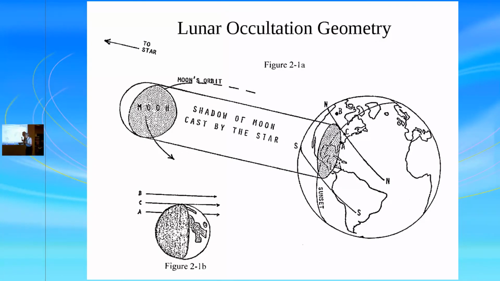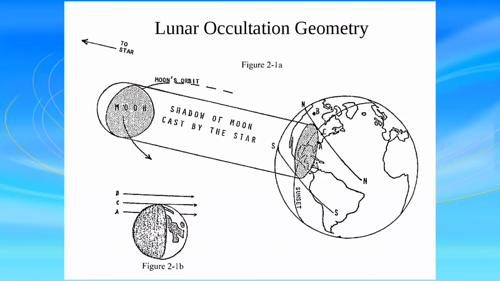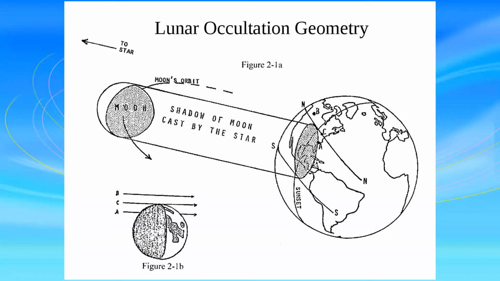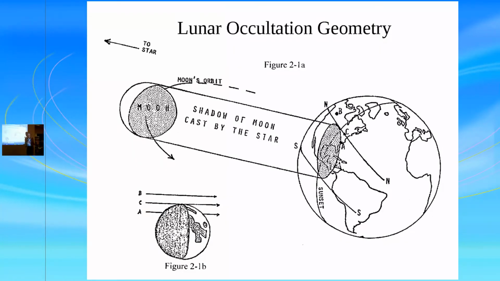So the moon is actually moving in the sky relative to the star background, but we say, well, the moon's much bigger in angular size, so the star moves across relative to the moon. We show a plot relative to the moon here.